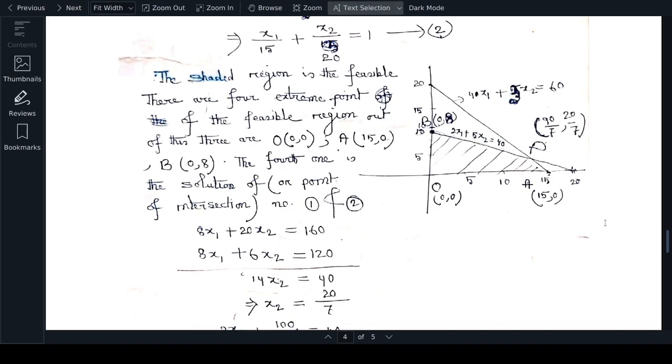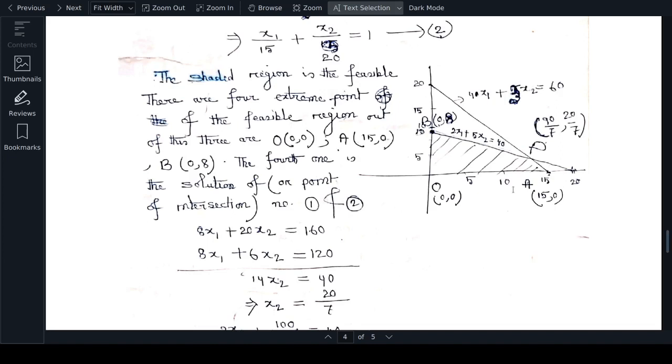Common region will be O B P A. If you mark A, then we shade this portion. This region is called the feasible region.